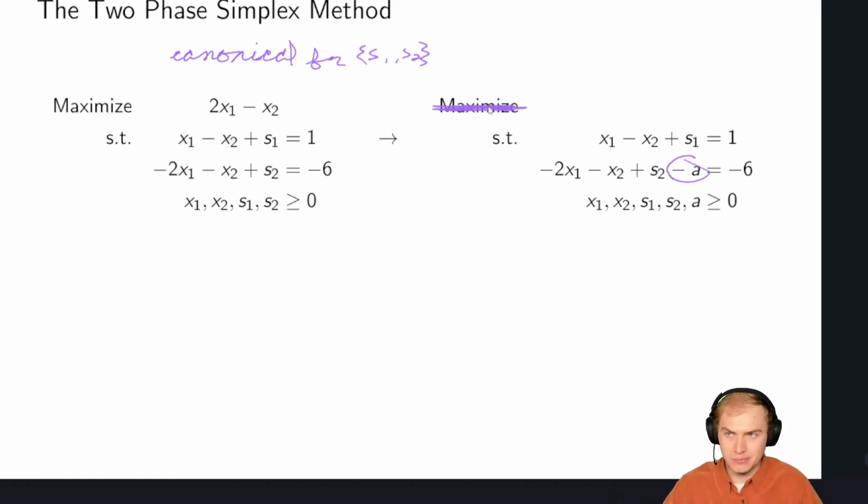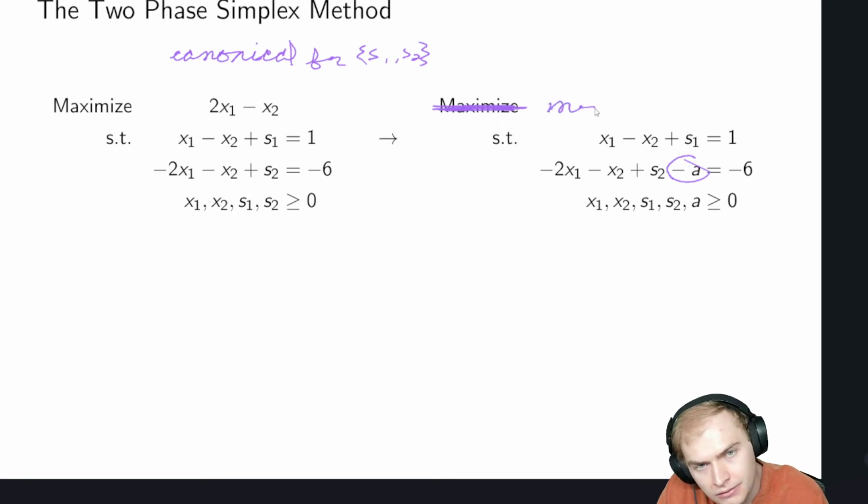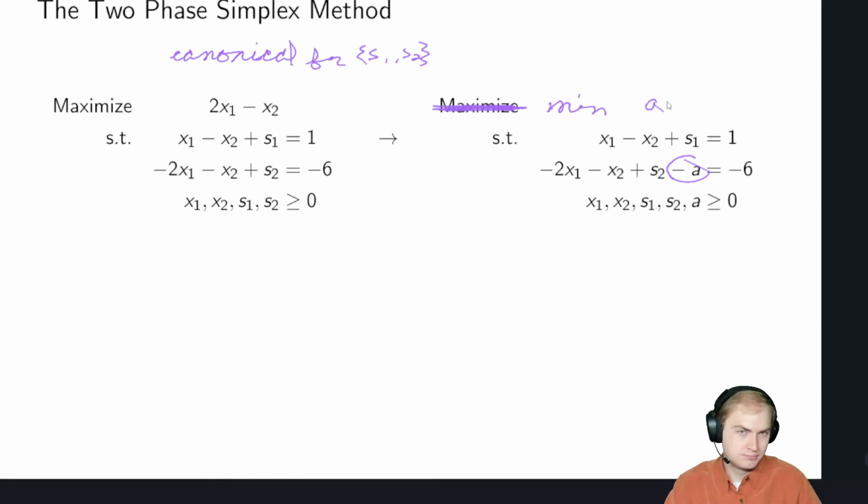We actually don't even want to maximize, although you could write it as a maximization problem. I'm going to do a minimization. So we want to minimize A. That's it. That's the whole objective. If you had more than one auxiliary variable, you would sum up your A's. And remember that A is non-negative.